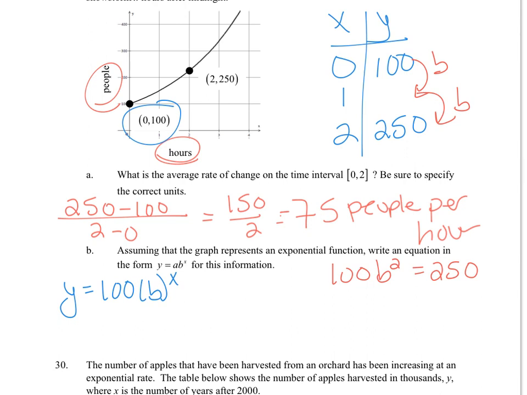Solving for that, we can divide by 100. And then square root both sides. And if you use your calculator for the square root of 2.5, you get 1.58114. I know that's a really long decimal.